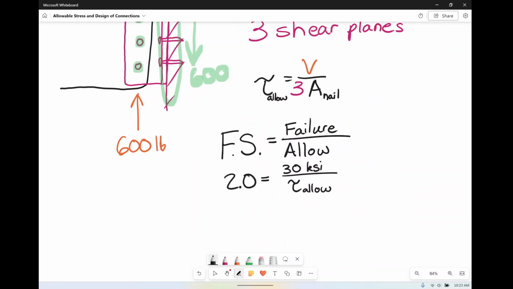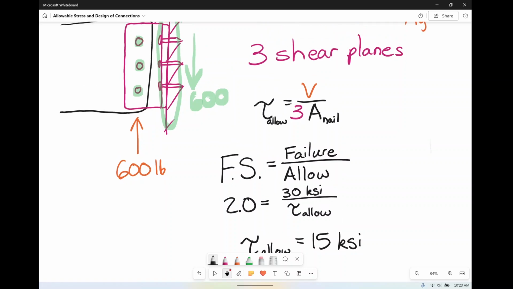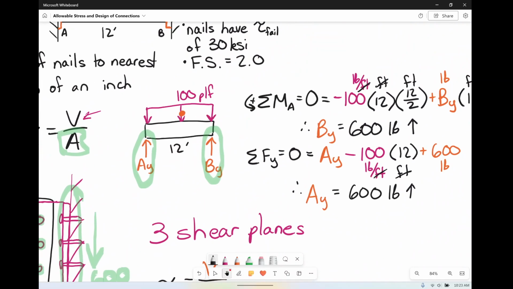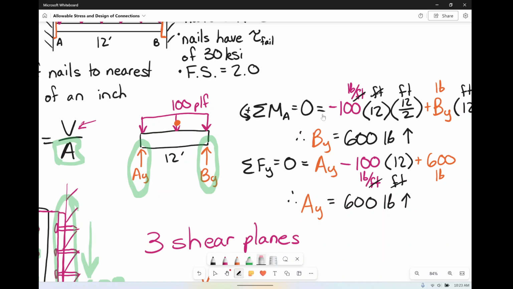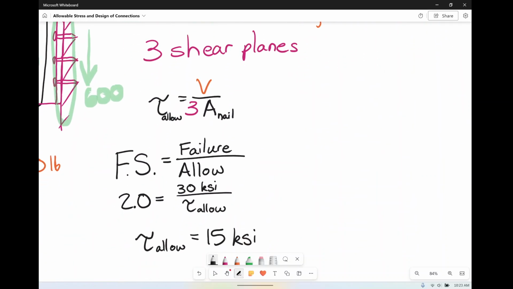So very easily, our allowable stress is equal to 15 KSI. I used 2. Actually, in what I was looking at, it's supposed to be 2.5. So that's actually different here, right? If that's 2.5, then this is supposed to be 12.